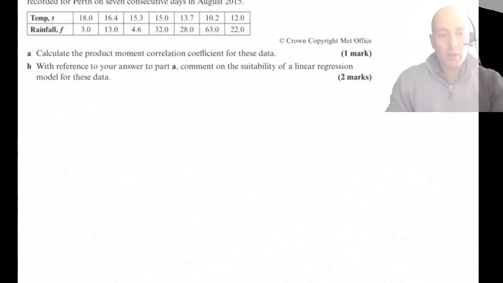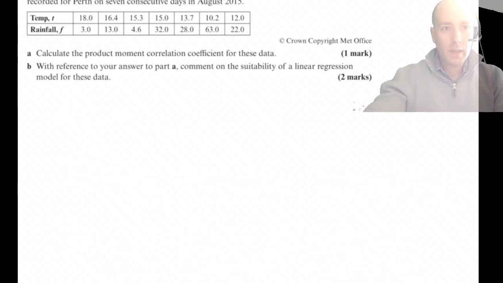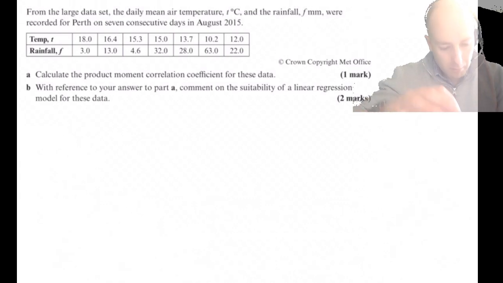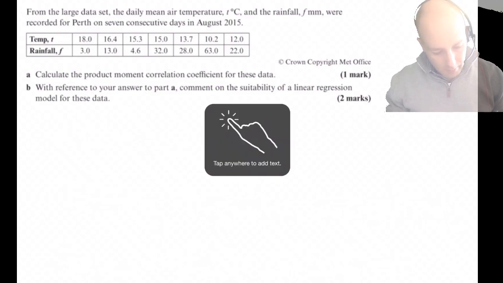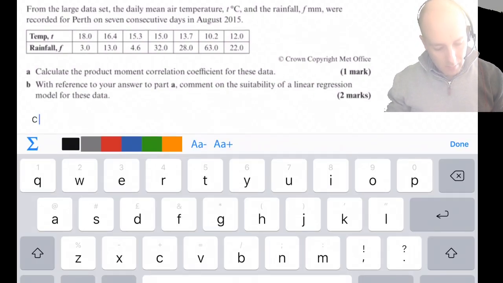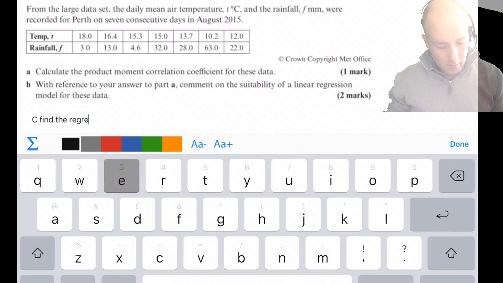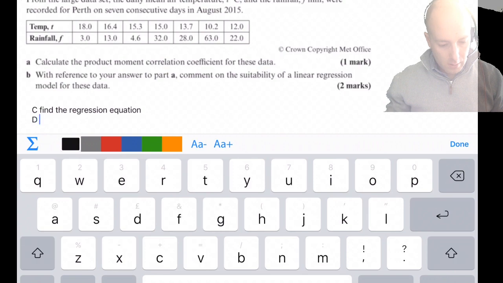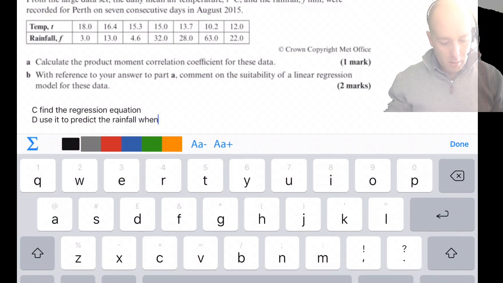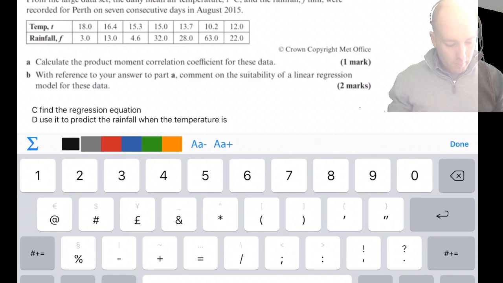Cool. Right, could you guys try this one? And I think I'm going to add to this. So find the regression equation. D, use it to predict the rainfall when the temperature is, let's go for two of these.